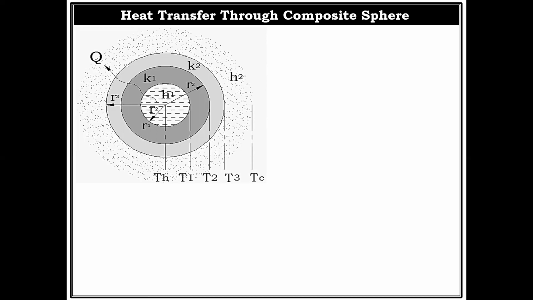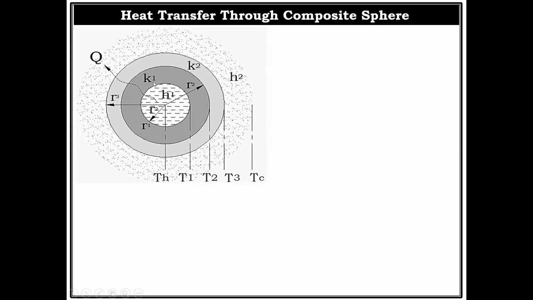The inner sphere has hot fluid at temperature Th, with convective coefficient H1 or say Hh, and the outer sphere is in a surrounding fluid at temperature Tc, with convective coefficient H2 or Hc.